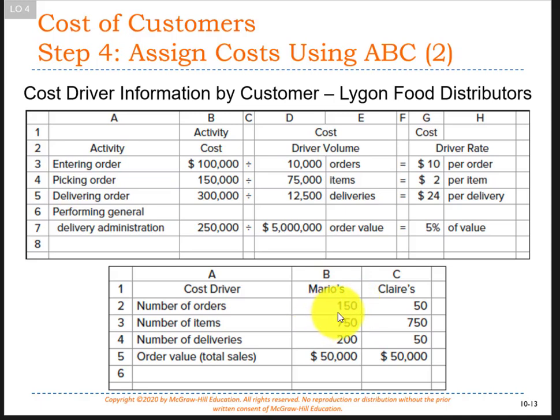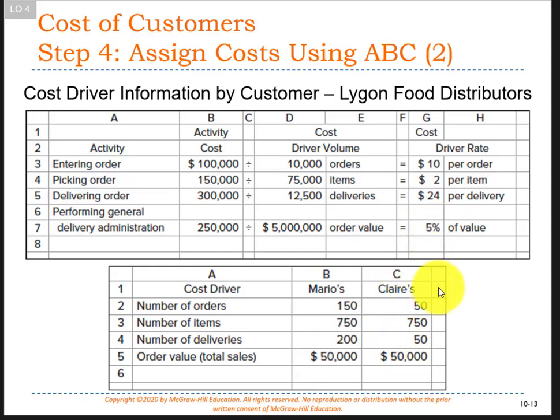In this case, what we're going to do is number of orders times the $10. This is just activity-based costing. Number of items times $2. Number of deliveries, 200 times $24, and $50,000 times 5%.